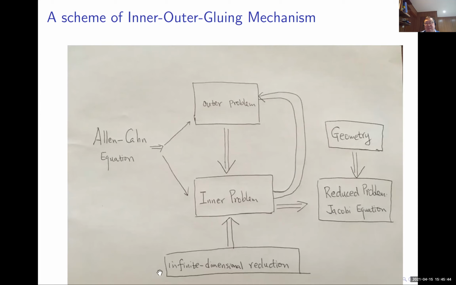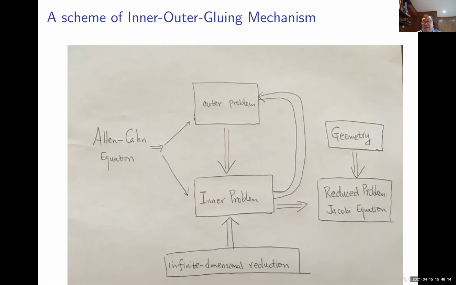Now, how to solve this inner problem? We use infinite dimensional reduction to solve this inner problem. Finally, using the infinite dimensional reduction, we get a reduced problem about the Jacobi operator. And we use the theory from differential geometry, minimal surface theory, to solve the reduced problem. So this is the whole inner outer gluing mechanism that I talk about today.